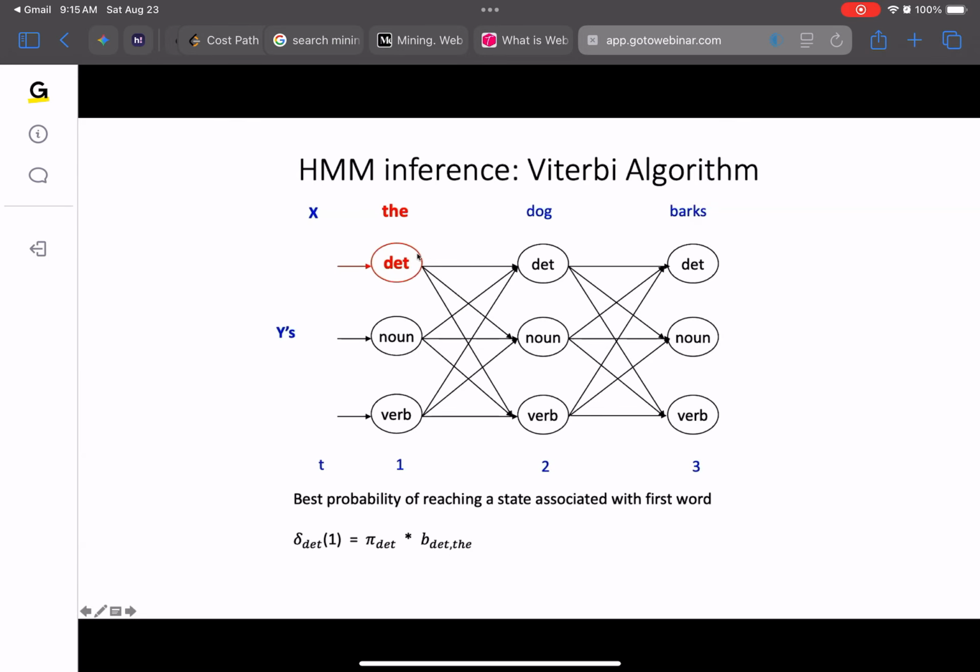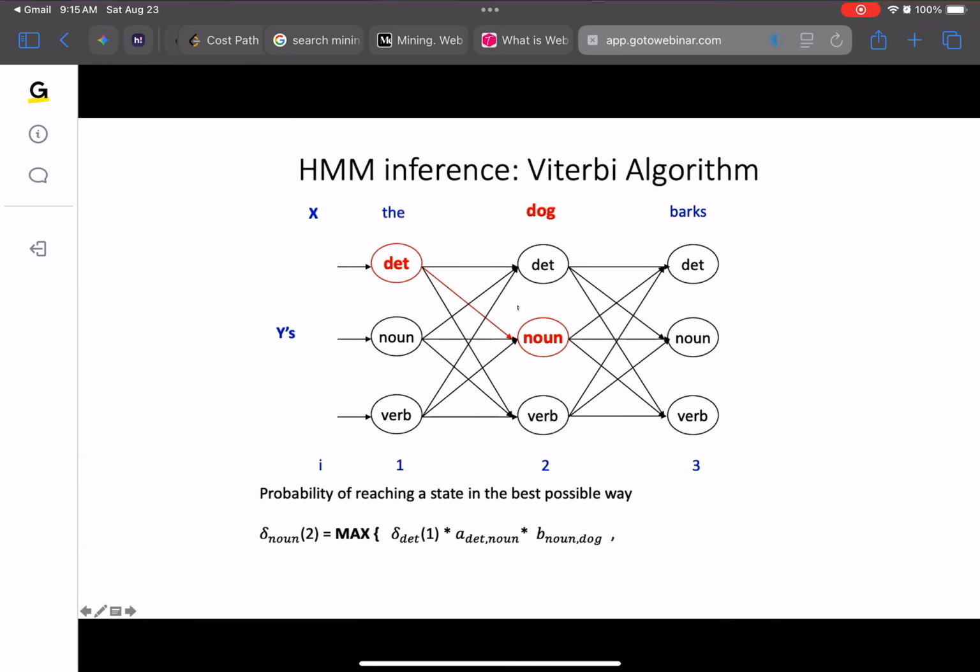And in order to compute the path, we have to multiply with the transition probability, and then reaching the state noun and emitting the symbol dog, which is indicated by the emission probability b of noun comma dog. This is the first term, and we have to compute all possible paths.